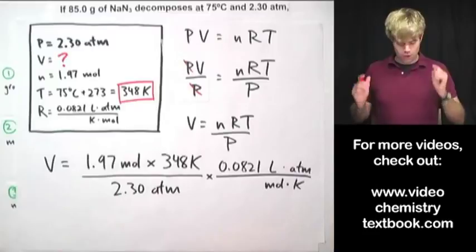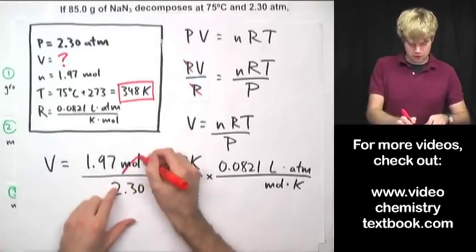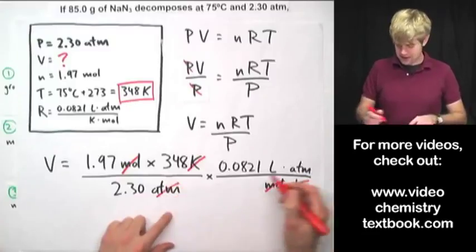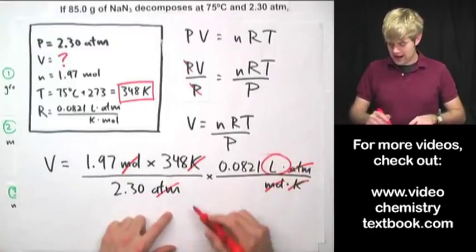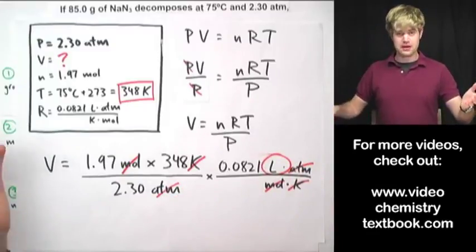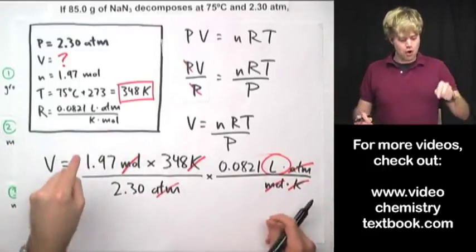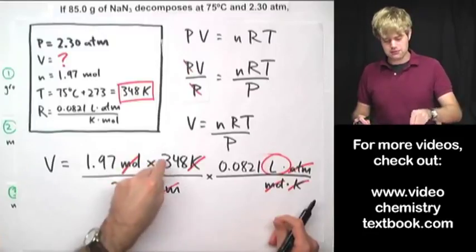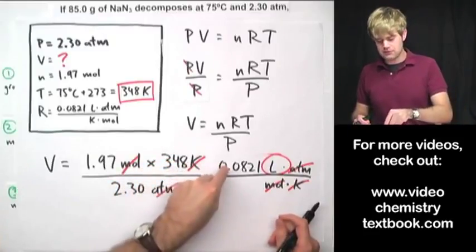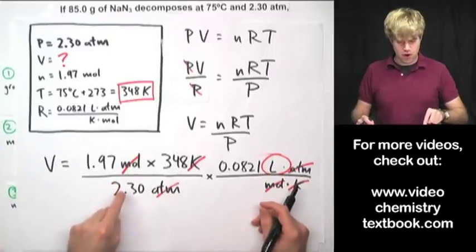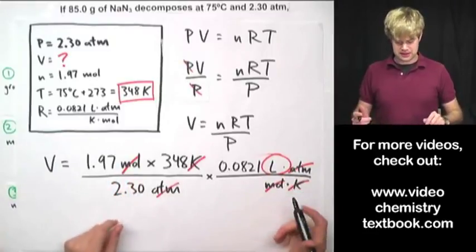So now, we go through and cancel the units. Moles up here, moles down there. Kelvin up here, Kelvin down there. ATM down here, ATM up there, and I'm left with liters, which makes sense because I want to solve for volume. So, I do this math: 1.97 times 384 times 0.0821, all of that divided by 2.3 ATM.